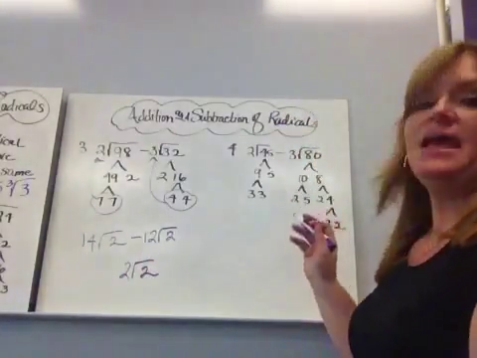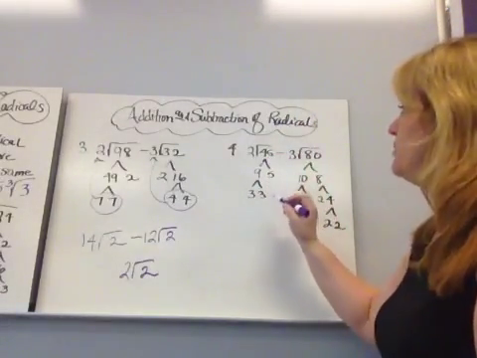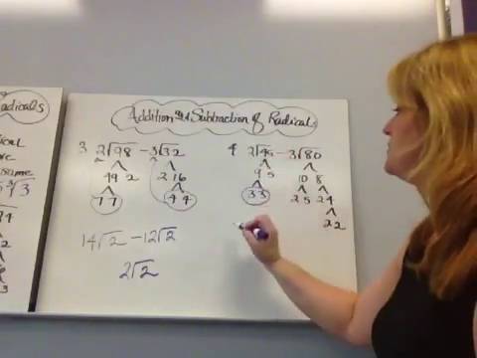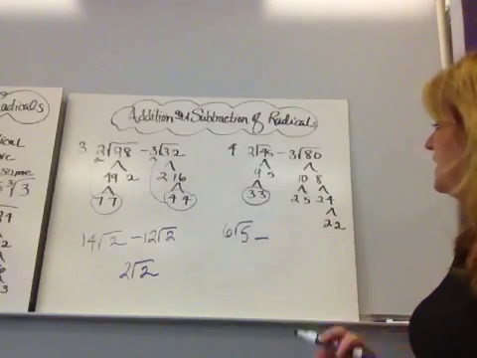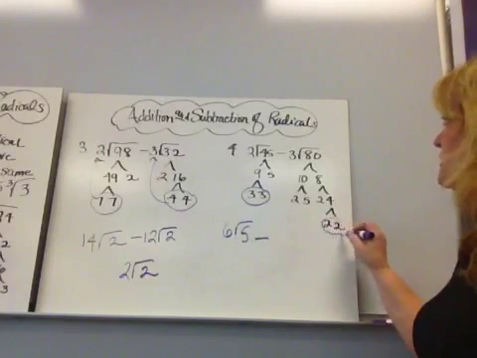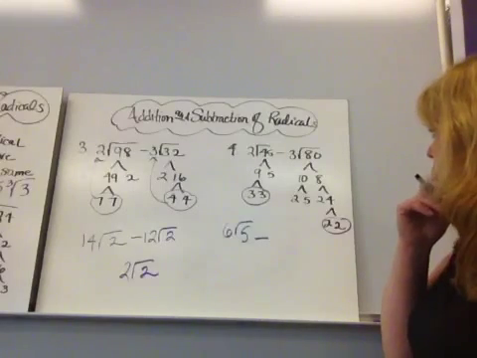Right. And the last one I wanted to show you right here was I have 2 radical 45. I broke it down. I have 3's here. Okay. So 3 times 2 is a 6 radical 5 minus, here it's 3 radical 80. I have to have a couple 2's here. And this one right here is going to be, I say, okay, I've got that.